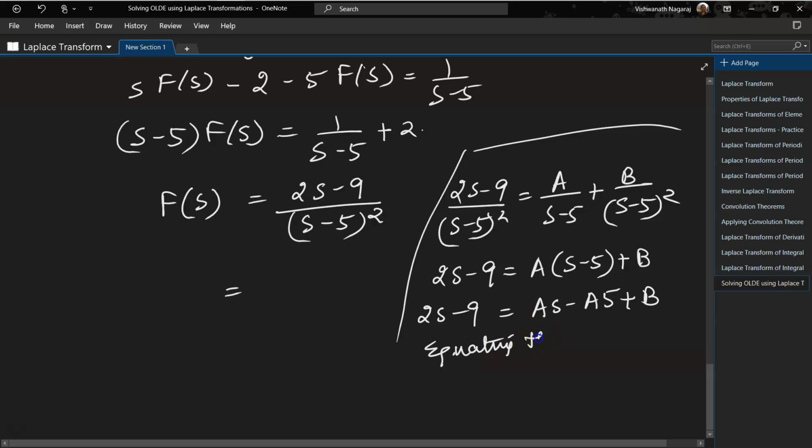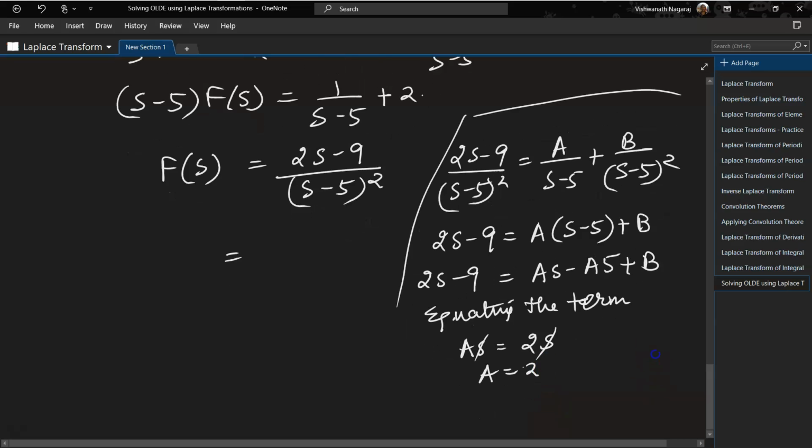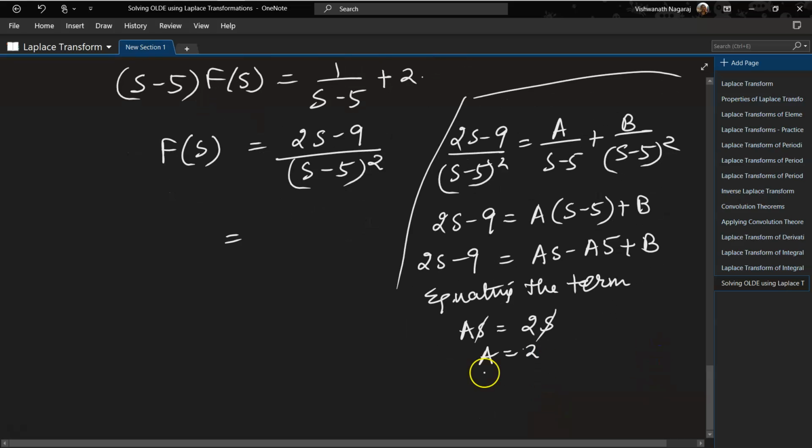Equating the terms, we get as is equal to 2s, so which means a equal to 2. Similarly, we have minus 9 is equal to minus 5a plus b.